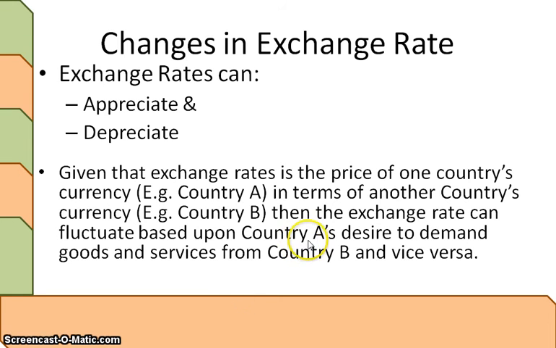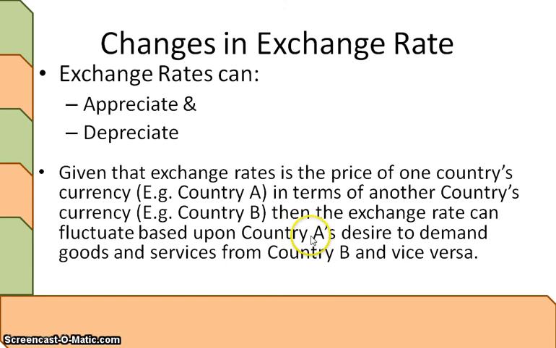The more country A demands goods and services from country B, the more country A will need country B's currency, and therefore the price of country B's currency would increase. The exchange rate, which is the price of foreign currency, will begin to appreciate due to the increase in demand for country B's goods and services.